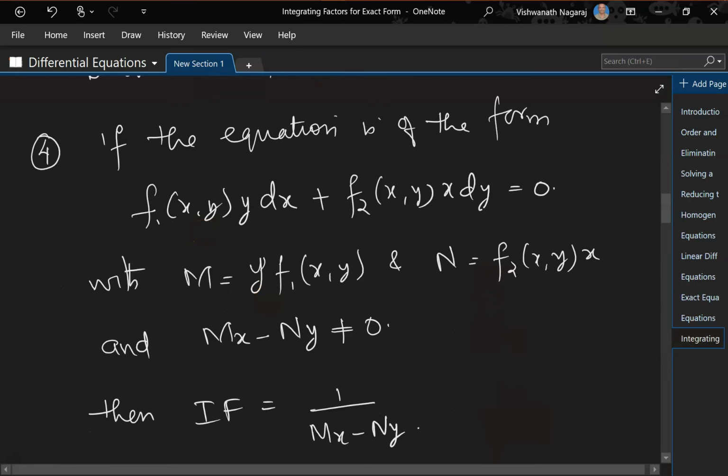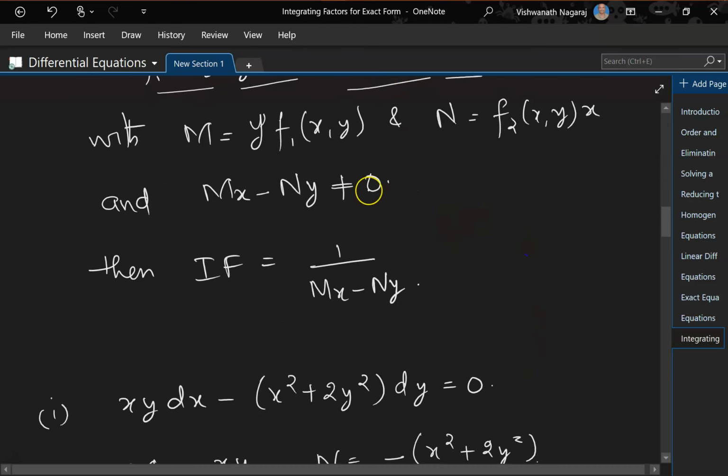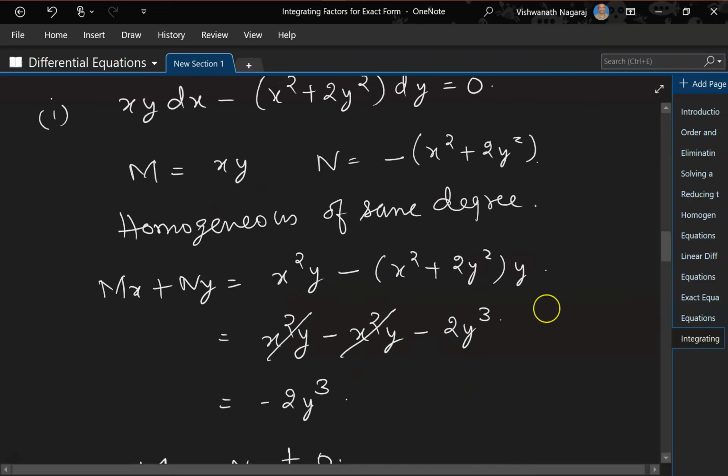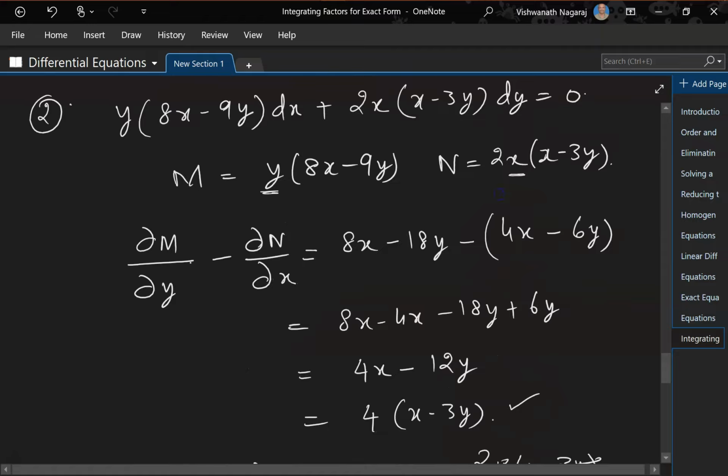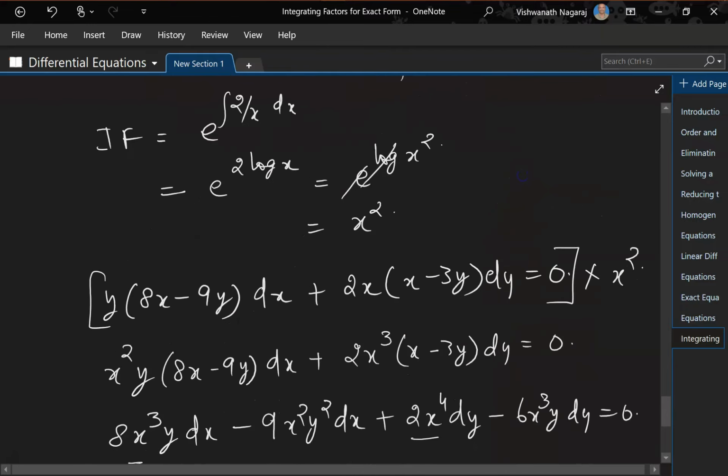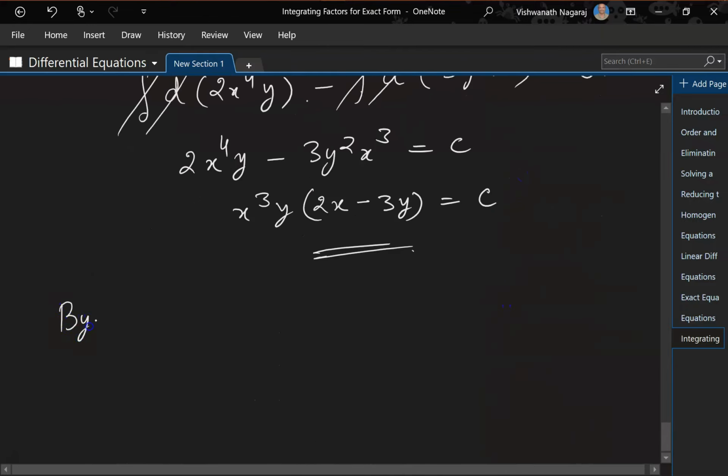Now, if the equation is of this form, one particular function times y dx, another function times x dy, then try out Mx minus Ny. If it is not equal to 0, then the integrating factor would be this. Okay, just need to practice a lot. Okay, bye for now.